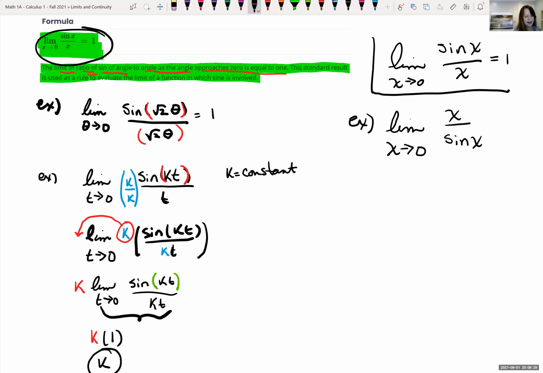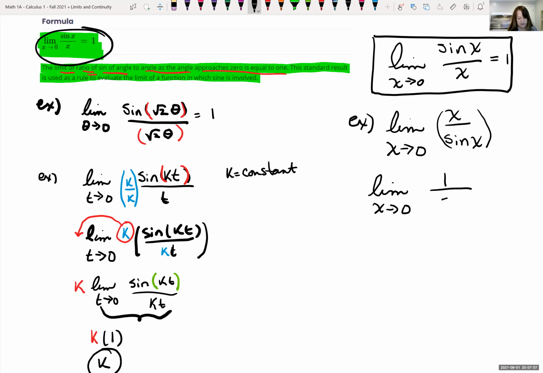We want to use this fact to solve the limit as x goes to 0 of x over sine x. A way we can rewrite a reciprocal is 1 over what we were looking at. So this is the same thing as 1 over the reciprocal of this, which is sine x over x.